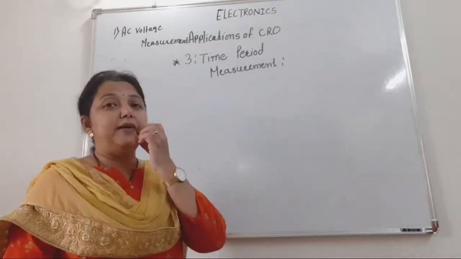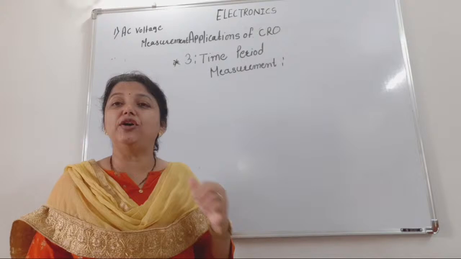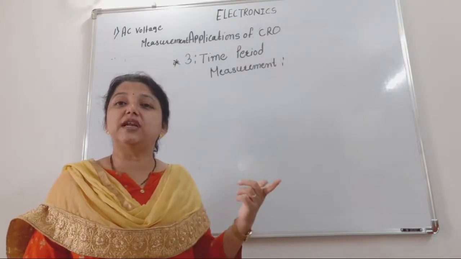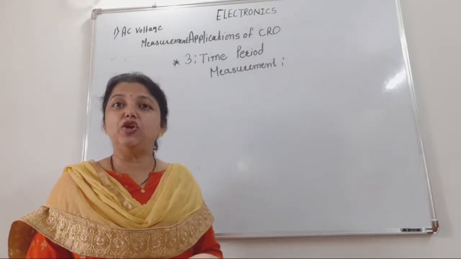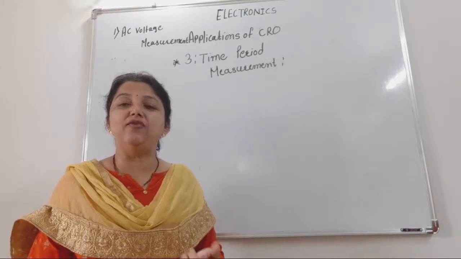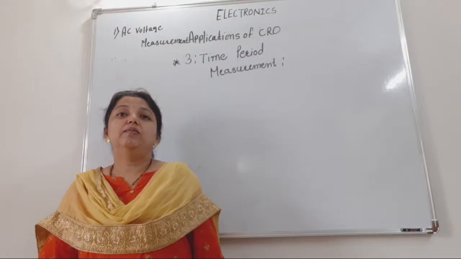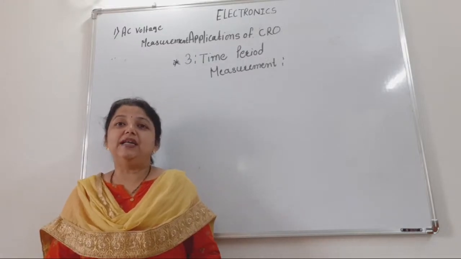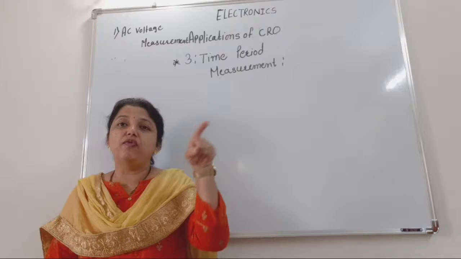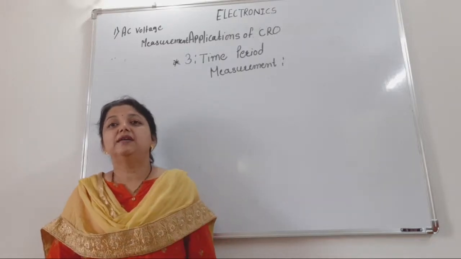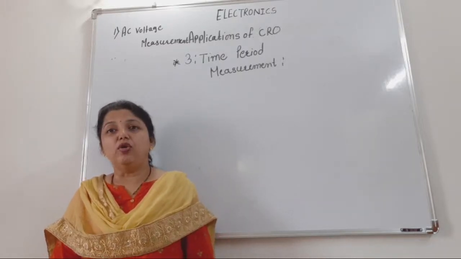Now, time period measurement. In our last lecture, we drew the diagram of the screen of CRO. On the screen of CRO, suppose there is a sine wave with positive half cycle and negative half cycle. To adjust at least one cycle of that sine wave, we have to adjust the volt per division knob.